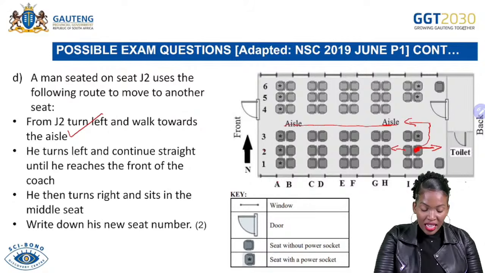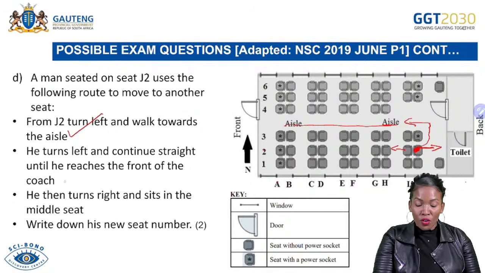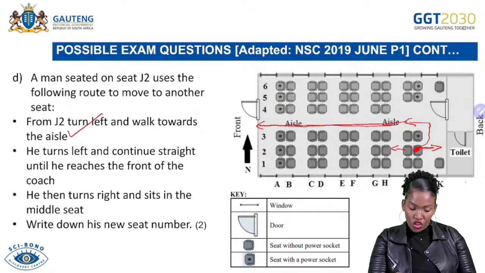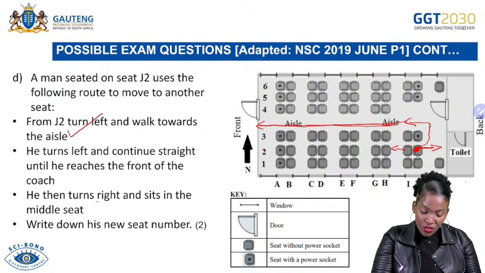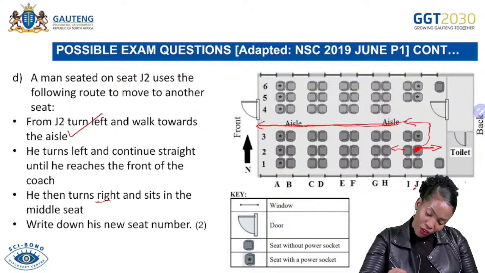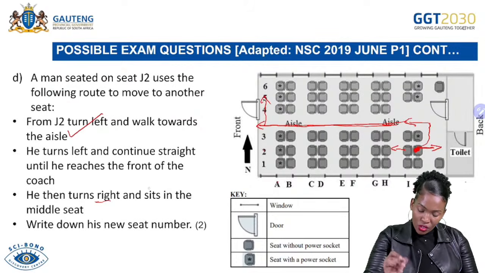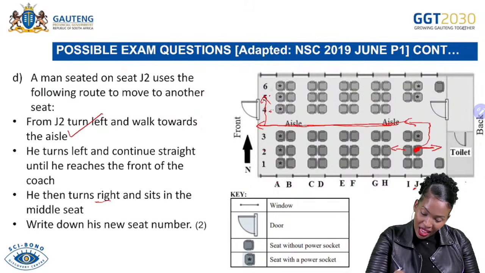They're saying he turns left and continues straight until he reaches the front of the coach. He then turns right at the front of the coach, and sits in the middle seat. So you've got seat 4, seat 5, seat 6.